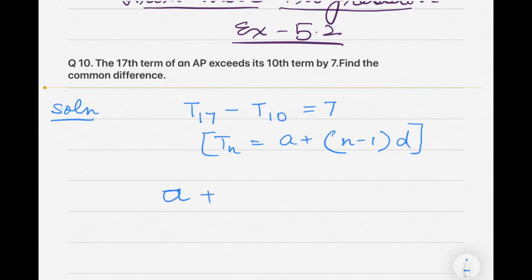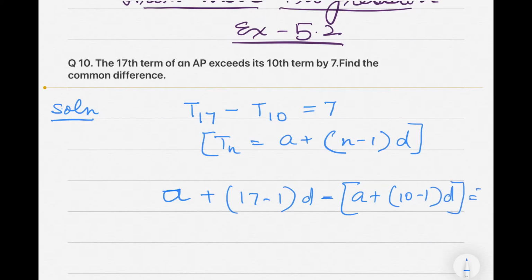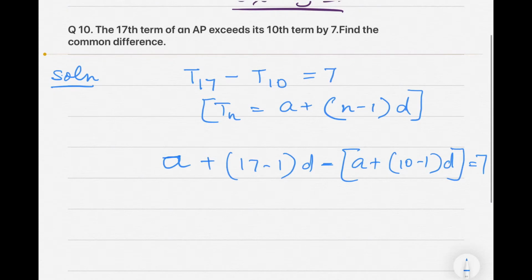T17 will be a plus 17 minus 1 into d, and this I have to subtract a plus 10 minus 1 into d is equal to 7. So basically it comes out to be a plus 16d minus a plus 9d is equal to 7.